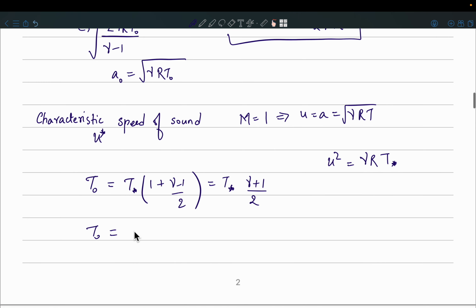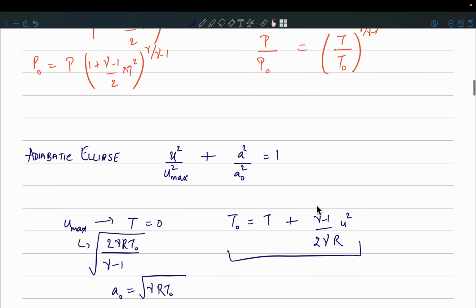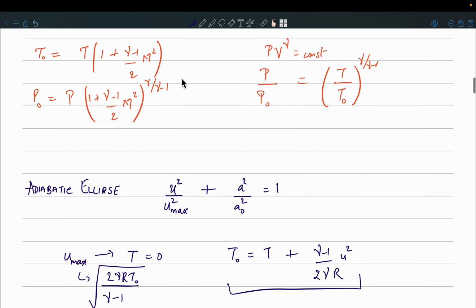T naught is equal to u square by gamma r into gamma plus 1 by 2. So now if you rearrange, what do you get? This is u star, right? So u star square is 2 gamma r T naught by gamma plus 1. This is the formula that you would get even if you were to derive it the way it is in lectures, right? So what you said, that if we put Mach as 1, there's no other Mach number coming here. Is it clear?